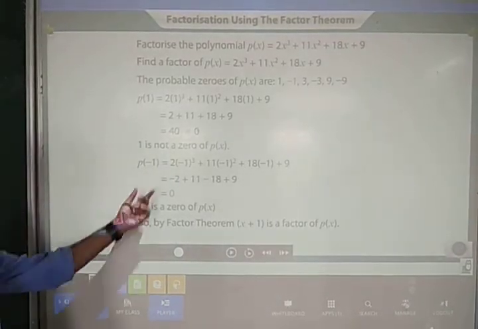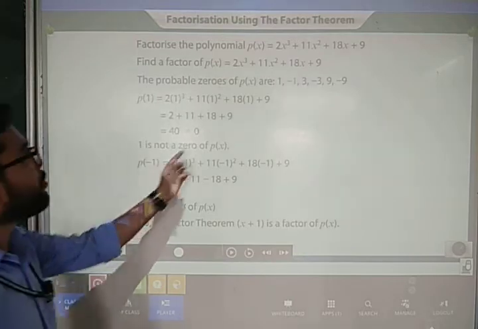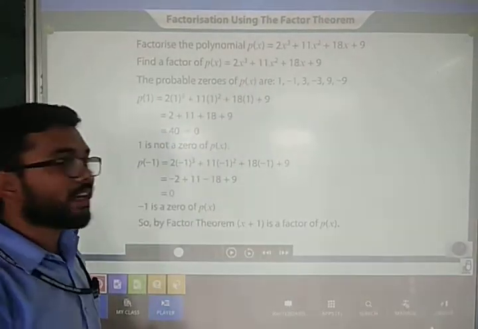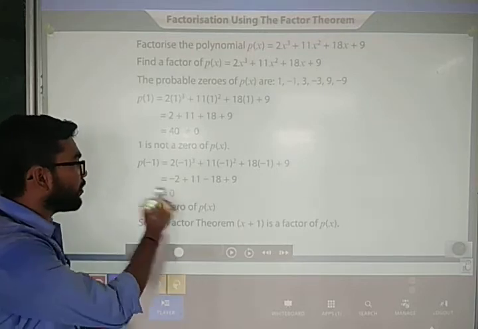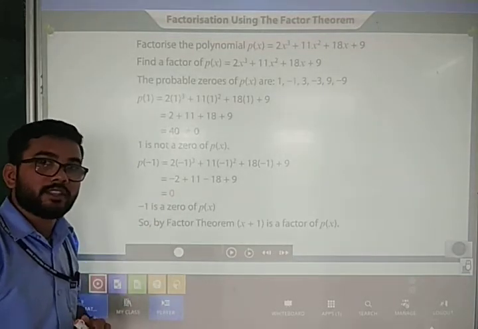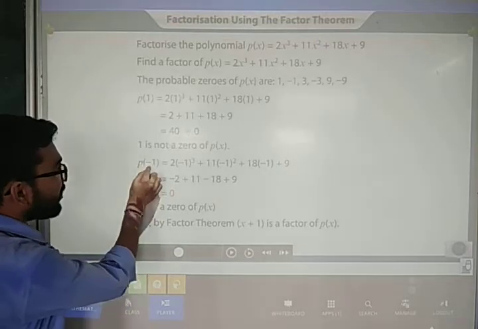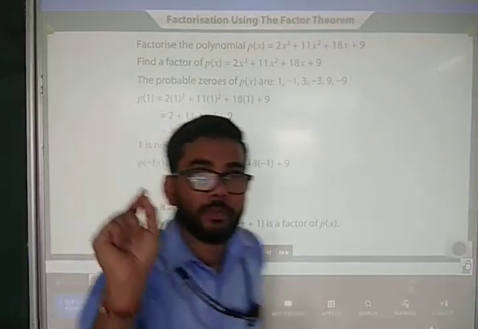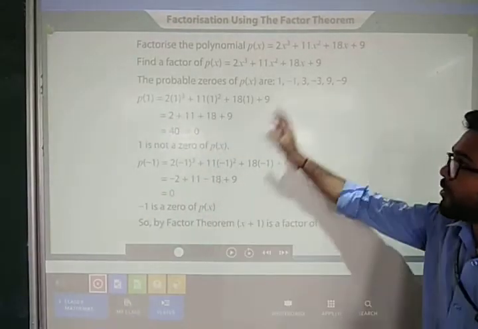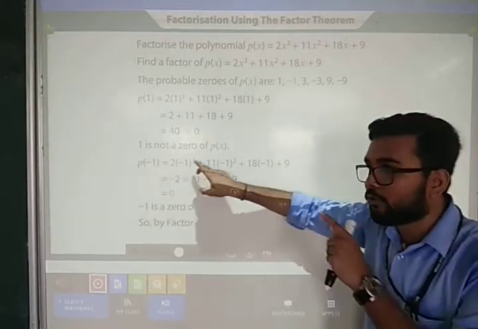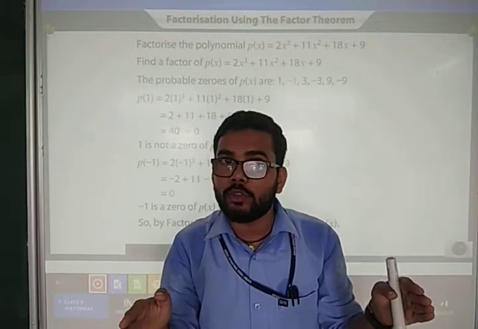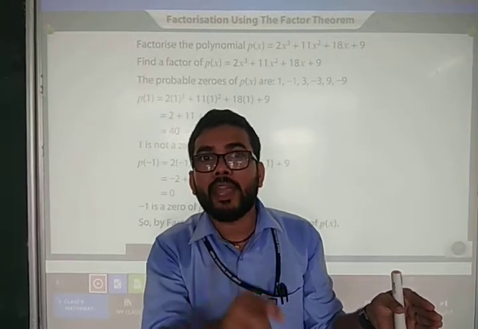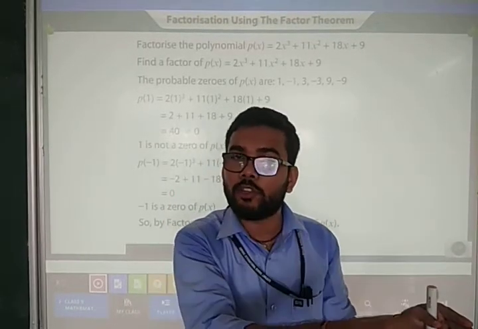Now, if you substitute minus 1 in place of x, the value of this polynomial is equal to 0. It means minus 1 is a zero of the polynomial. Remember, if you substitute minus 1 in place of x, you get 0. That is why minus 1 is a zero of the polynomial.